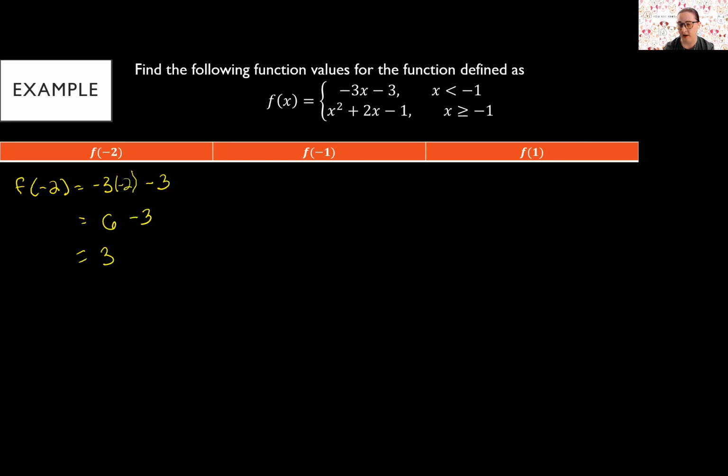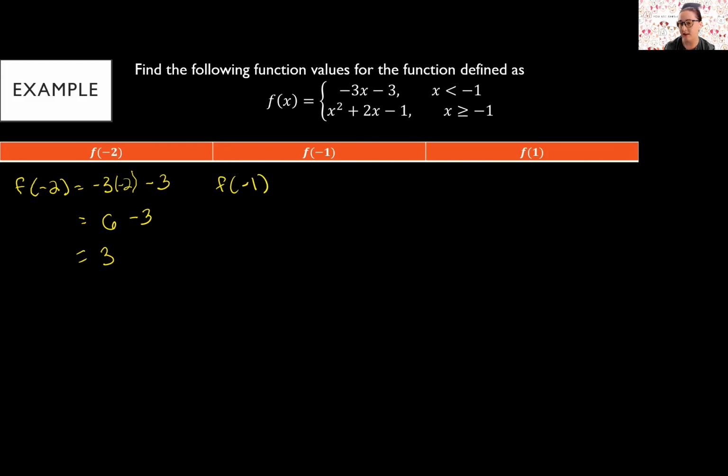Next one here, I have f of -1. So which equation is true when x is -1? In this case, we need to use the second equation, because that is true when x is greater than or equal to -1.